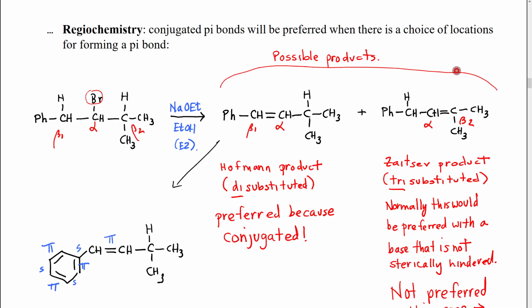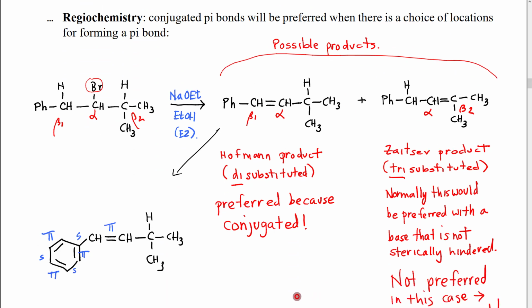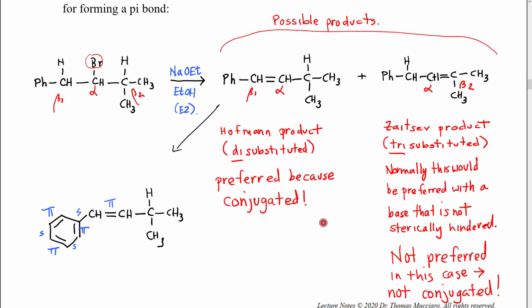One consequence of this, then, is that conjugated products can break Zaitsev's rule. Here's an example. So this molecule, if you look carefully, it's got a phenyl group, a CH2, a CHBr, and then a CH with 2 methyl groups attached.